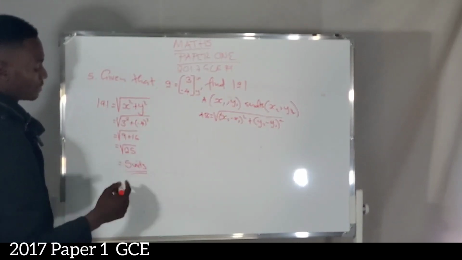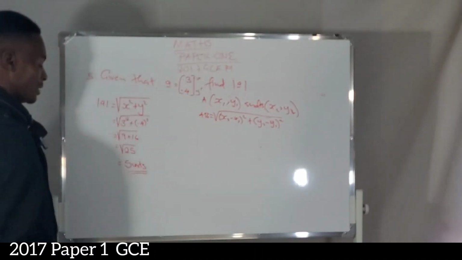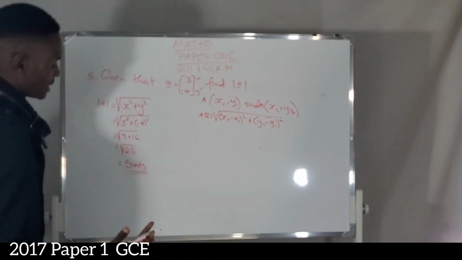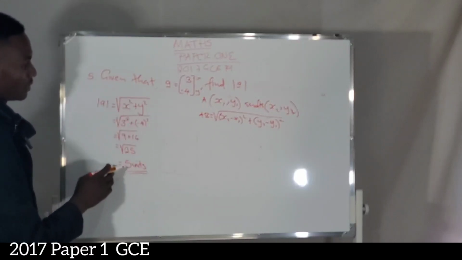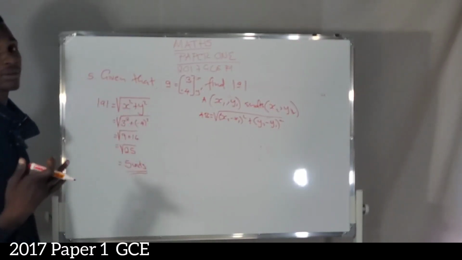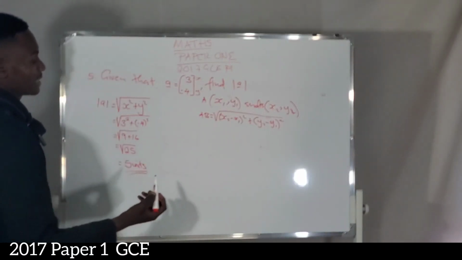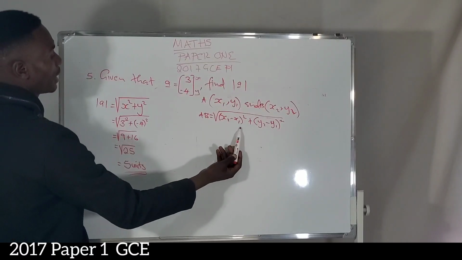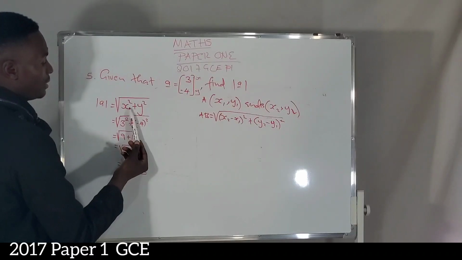Why are we using units? Because dimensions or distances are measured in units. Okay, or sizes are measured in units. So when you are given 1 point, this is what you do. The same as under coordinate geometry, when you're asked to find the distance between 2 points, this is the formula. But when you're given 1 point, use this one.